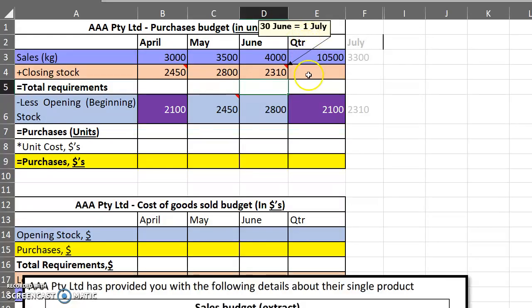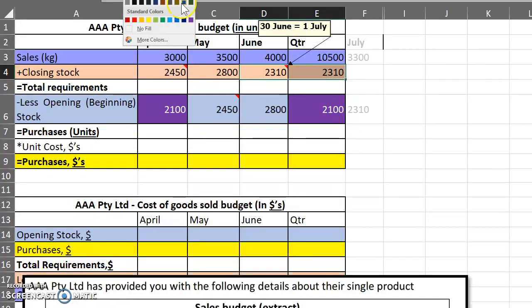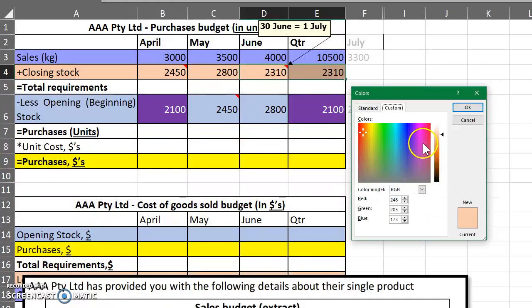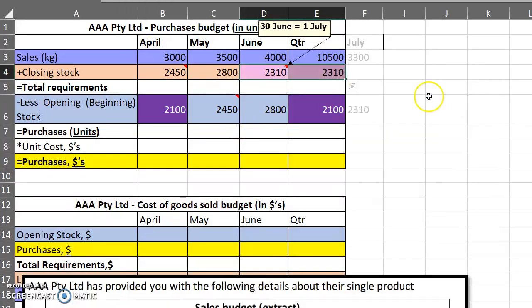Looking at the quarter. For the quarter, the stock on the last day of the quarter will be again 30th of June. So I can put the newly worked out number in that cell. Let's choose a nice pretty color. It's probably my favorite part. It's about choosing the color. Okay, so just one more time.